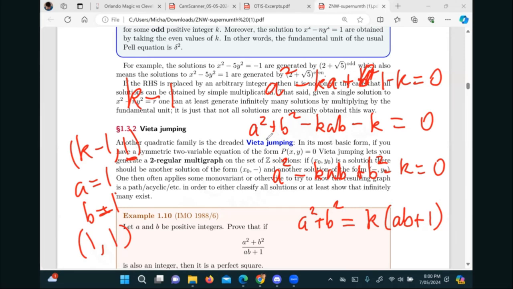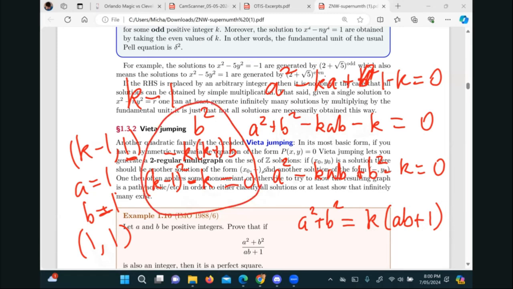Then you get (k minus 1) squared minus k minus k times (k minus 1) b, and then b squared. So this is the quadratic equation, just this thing with a equals k minus 1. k is the integer that this is.